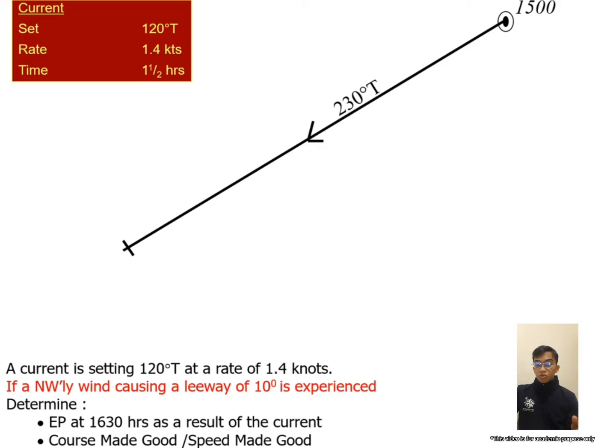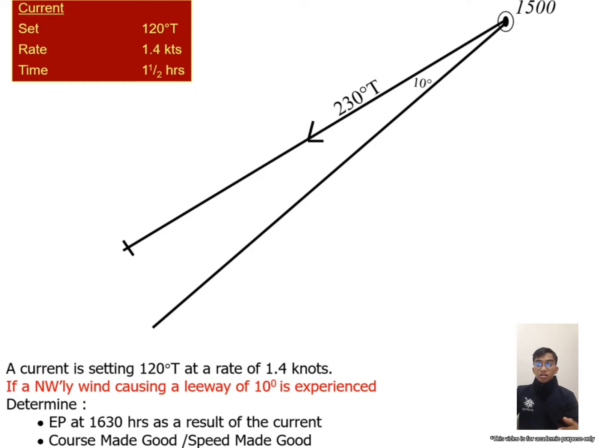But after the dead reckoning position, you also have to take into account the current and the leeway. Like I said, if there is both current and leeway, you must account for the leeway first. Now in this case, there is a northwesterly wind causing a leeway of 10 degrees. So that means it's coming from, let's say, the top of the screen. So it's pushing the vessel towards the bottom of the screen, or the head towards the right of the screen.